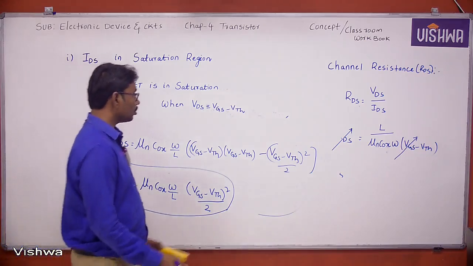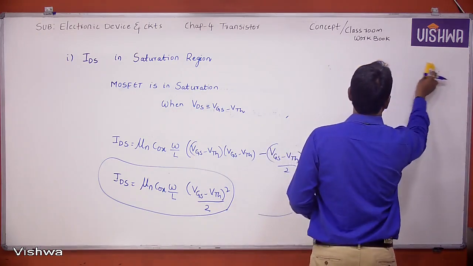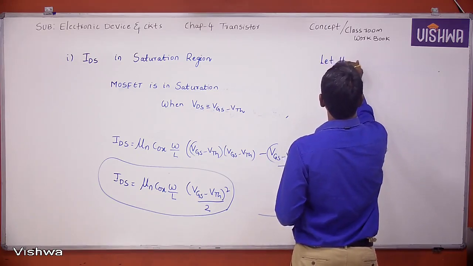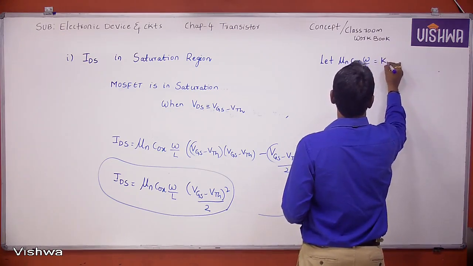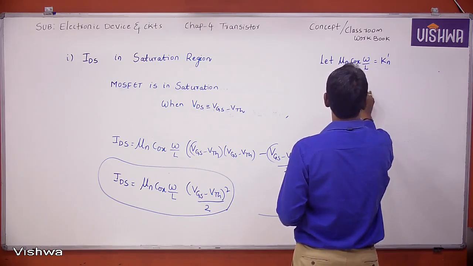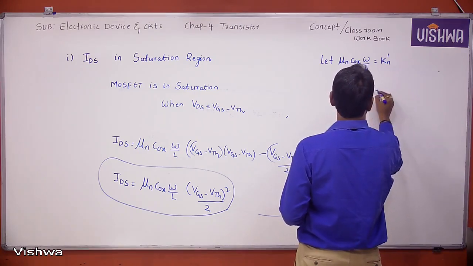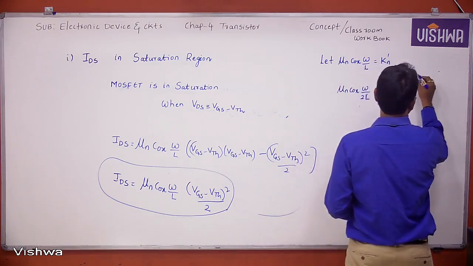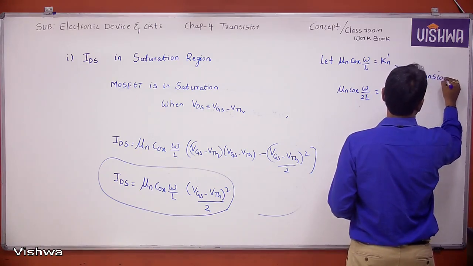Now let us consider mu n into COX W by L as kn dash, or you can also define one more parameter, mu n into COX W by 2L, which is kn. These kn and kn dash are simply transconductance parameters.